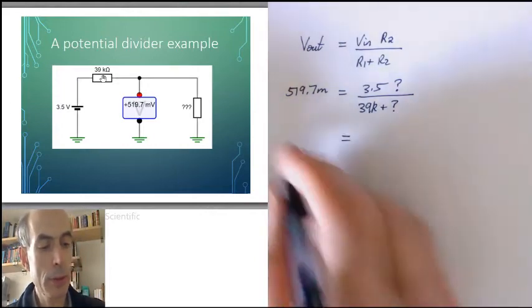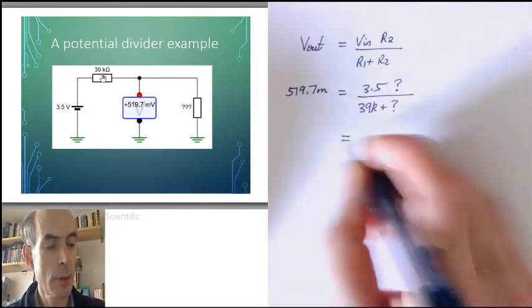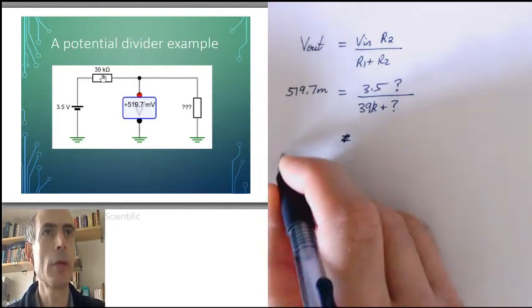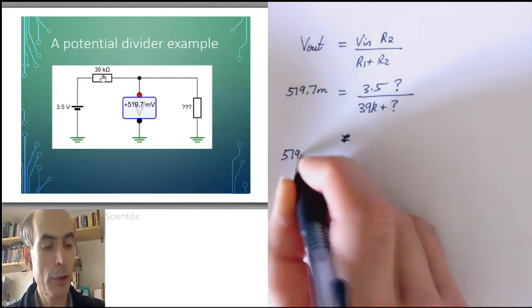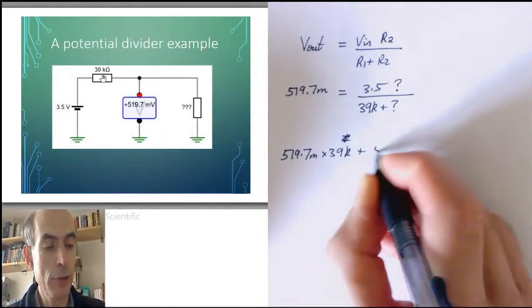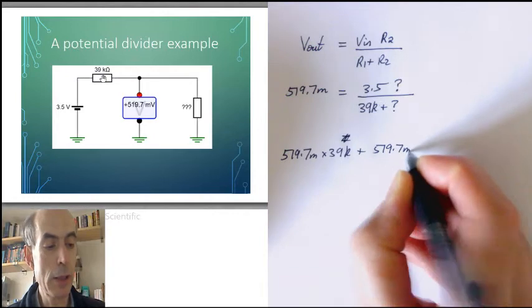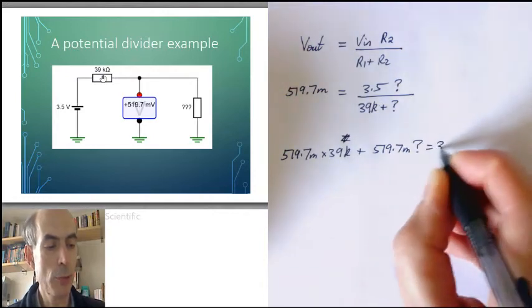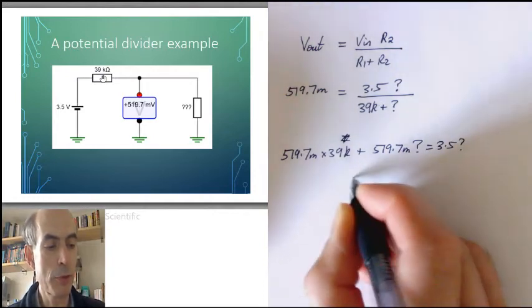Multiply up, that would give me, well, I'm going to run out of paper if I do it that way, 519.7 milli times 39k plus 519.7 milli times question mark equals 3.5 times question mark.